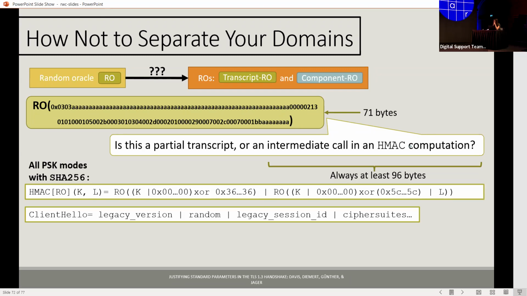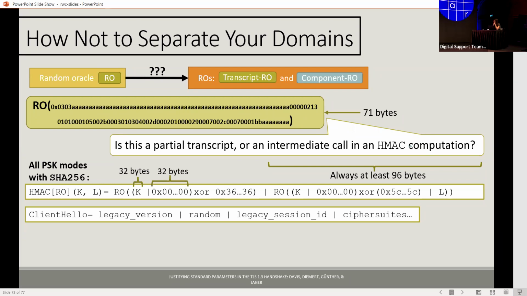When the hash function is SHA-256, transcripts can be more than 96 bytes. So we need another way to determine. And in this case, we diagram out an HMAC call and a client hello message, the start of a transcript.